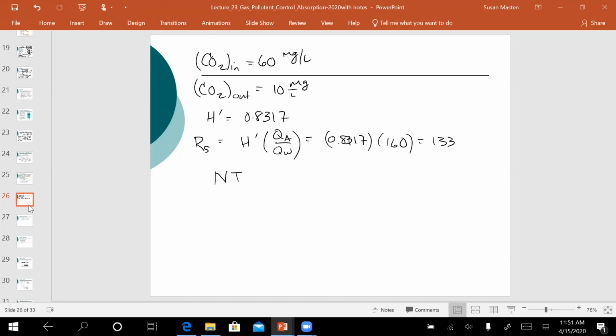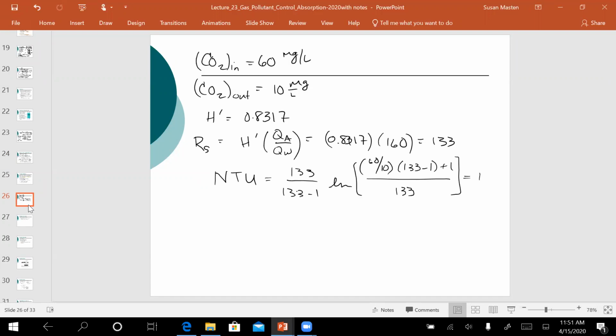The number of transfer units is then 133 over 133 minus 1 ln. And because this is a ratio, we can leave our concentrations in milligrams per liter. We have 133 minus 1 plus 1 all over 133.